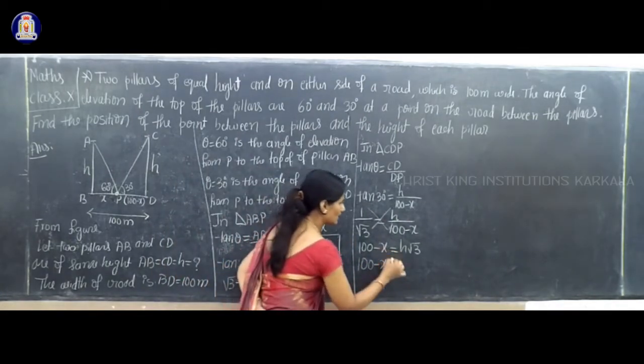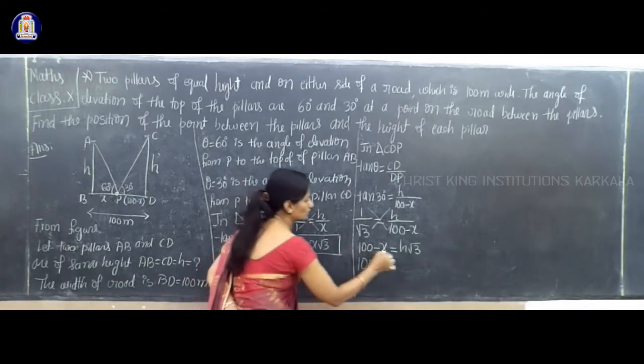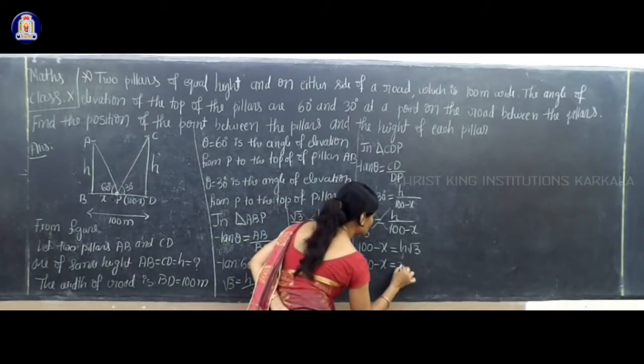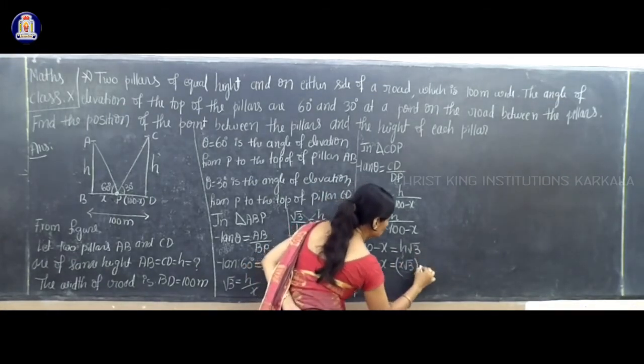So in 100 minus x, what is the value of h? h is x root 3. So I am replacing h with x root 3, and the other root 3.